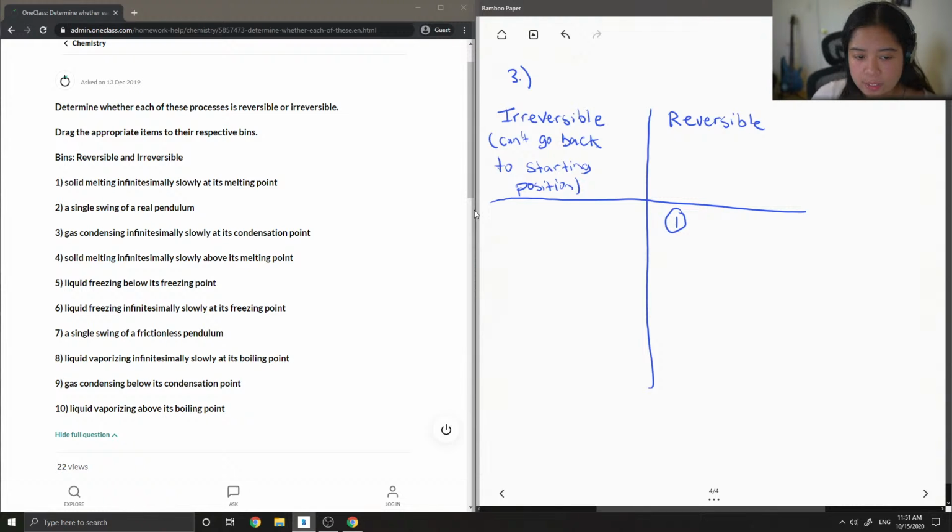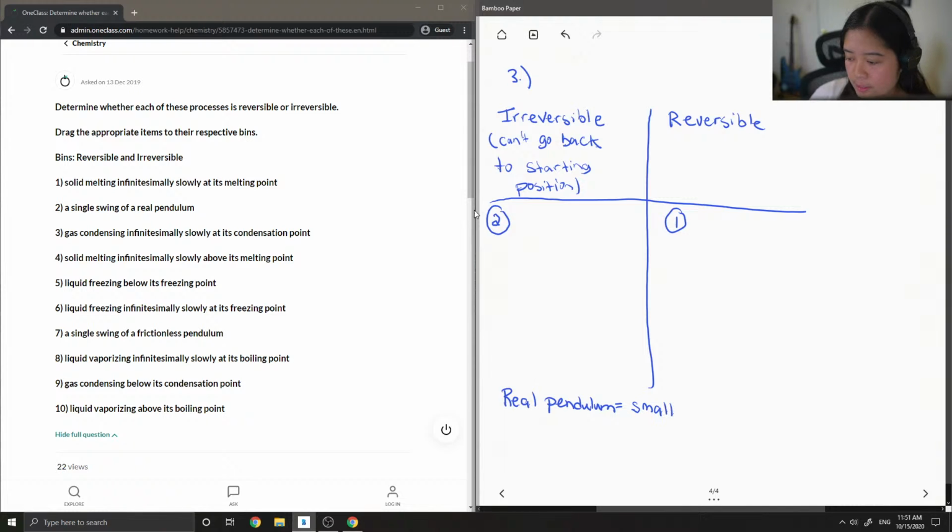A single swing of a real pendulum. So when you have a real pendulum, I'm just going to write that this is irreversible. So when you have a real pendulum, every time it moves like this, a small amount of energy is used against the friction forces, so therefore you can't go back to the original state.